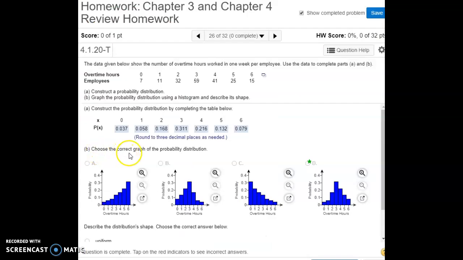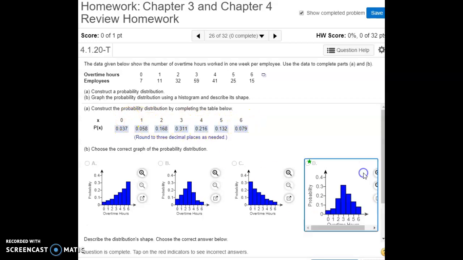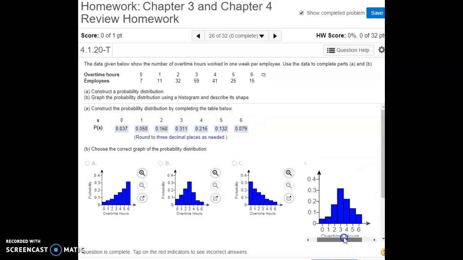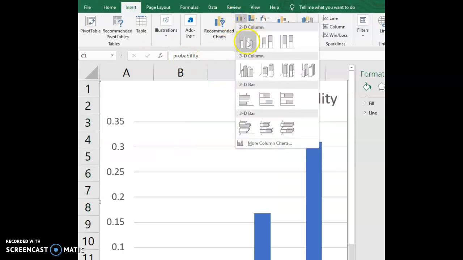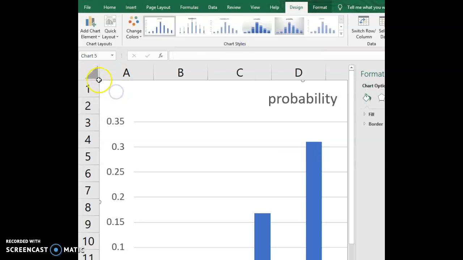The next part is to choose a graph of our probability distribution. So the x-axis is going to be the different possible outcomes, 0 through 6. And then the height of each bar should match up to the probability associated with each of those different outcomes. Excel can create that probability distribution for you. If you select your probability column here and go to Insert and just insert bar graph, you're going to see it.